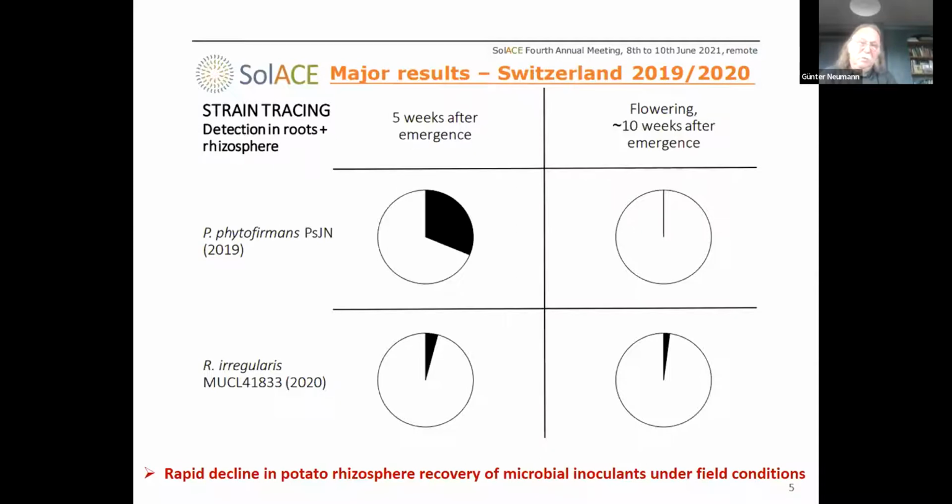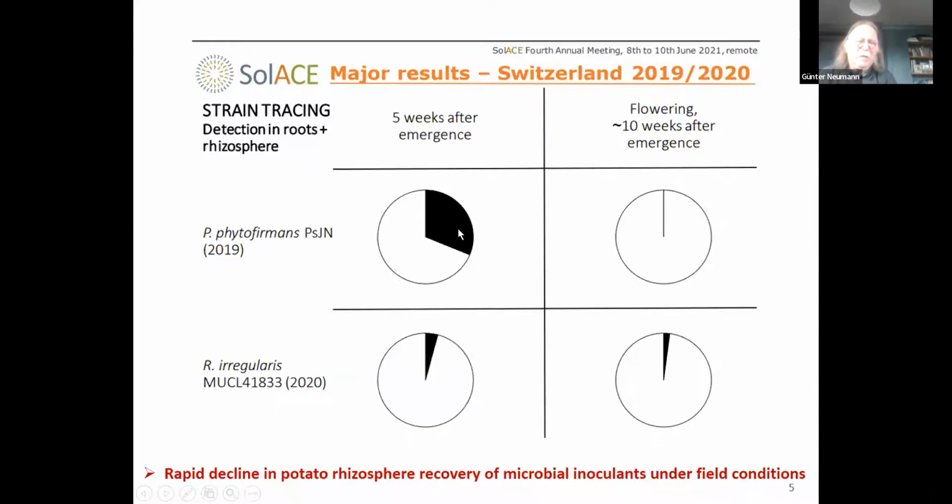And also the results from SolACE pointed in this direction. These are data from the potato trials from the partners in Switzerland, where they tried to trace the different strains which have been applied to potato plants in the root and on the rhizosphere during different time points of the culture period in open field.